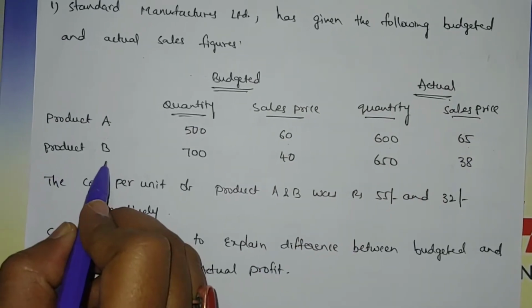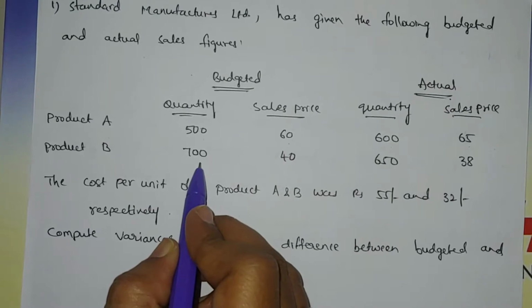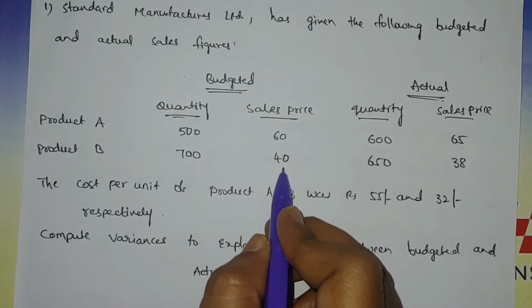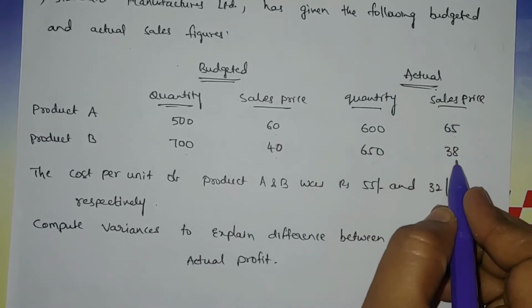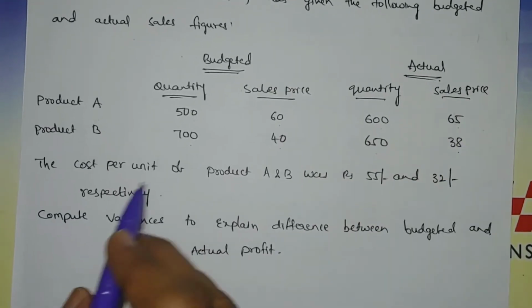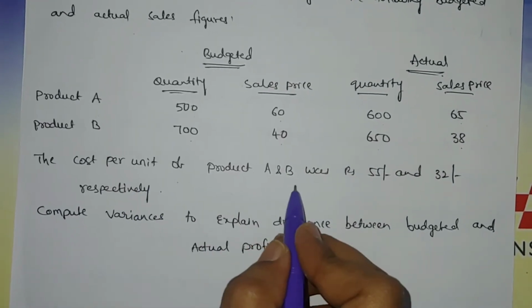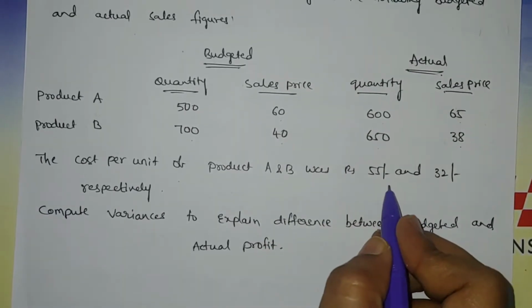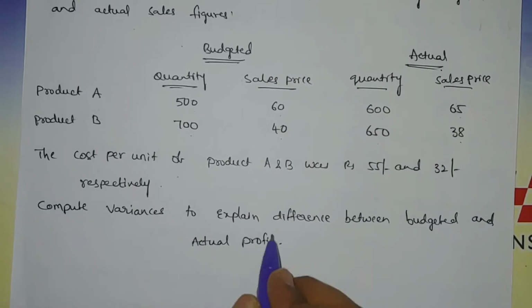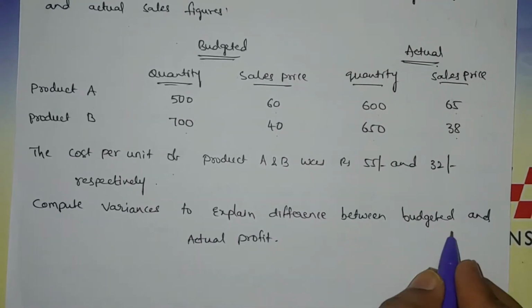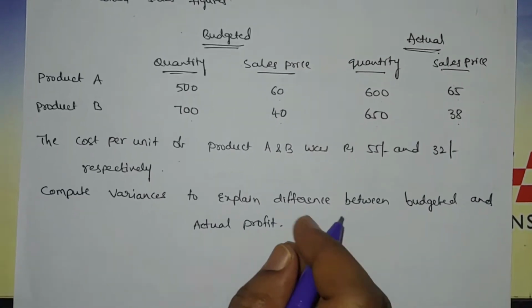Product B: budgeted quantity is 700, sales price is 40; actual quantity is 650 and sales price is 38 rupees. The cost per unit of product A and B was 55 and 32 respectively. Compute variances to explain the difference between budgeted and actual profit.